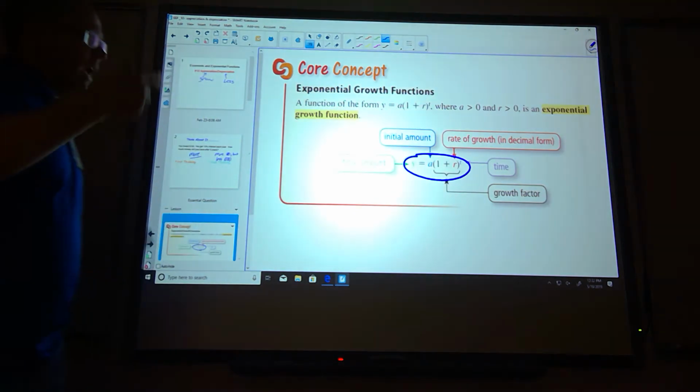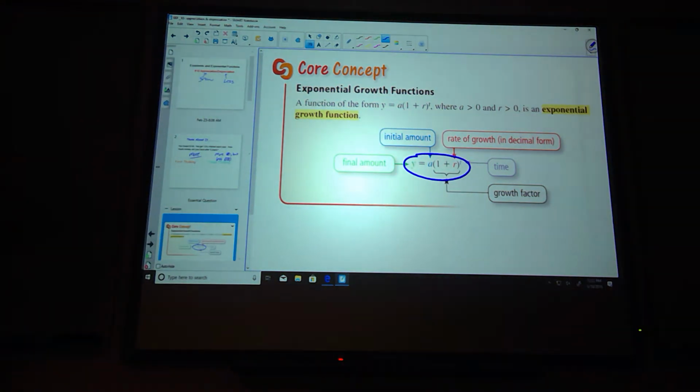Y equals A times parentheses 1 plus R, raised to the t power. So the final amount they're calling Y. The initial amount they're calling A. Your rate of growth in a decimal is R, and then t is time, and then whatever's in the parentheses, the 1 plus R, that's called your growth factor. Okay?